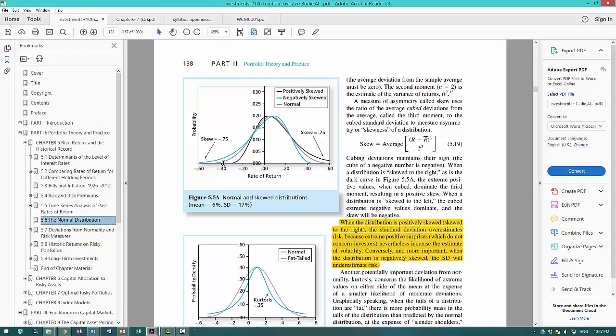Now, the thing is, when you are analyzing a whole load of data, let's say return data, so you have 3,000 observations, in Excel it's very easy for you to take the mean and then the standard deviation. Now the problem is when you do that, you take what we call the first and the second moment.